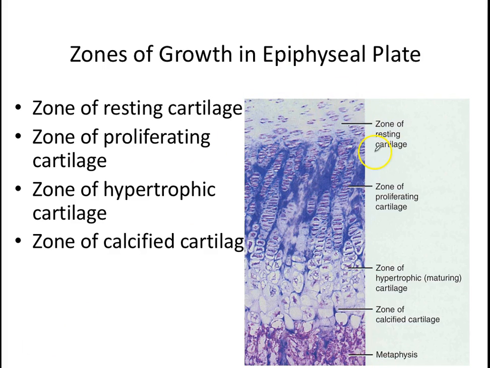So this is the epiphyseal end, so this is the end of the bone. Okay, so then here's the shaft would be down this way. Okay, so the shaft is somewhere down there. Okay, so this is the epiphysis. So if we zoomed in on this epiphyseal plate, we're going to see there's 4 different zones.